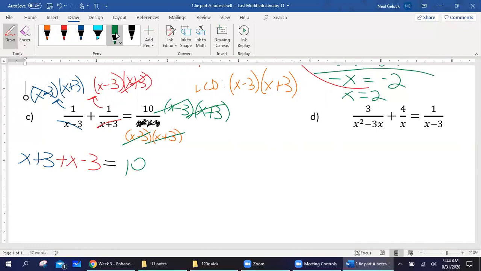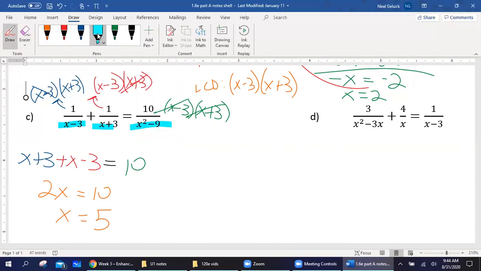So a much simpler looking equation than what I started with. That's going to give me 2x equals 10, x equals 5. Remember, I need to check, would that cause division by 0 in any of my denominators if I plugged in 5? 5 would not cause division by 0, so we're good. 5 is an answer.